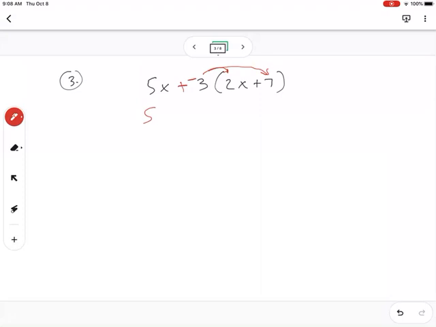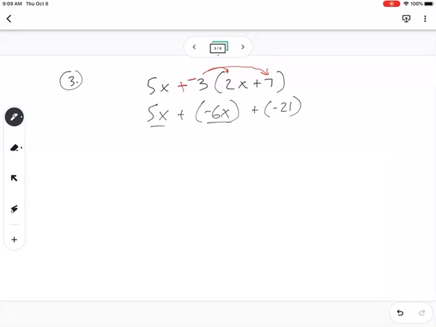So multiplication has to come first, so I'm just going to copy this. And when we distribute, negative 3 times 2 is negative 6. And then also negative 3 times 7 is negative 21. And that's where some of you made a mistake.